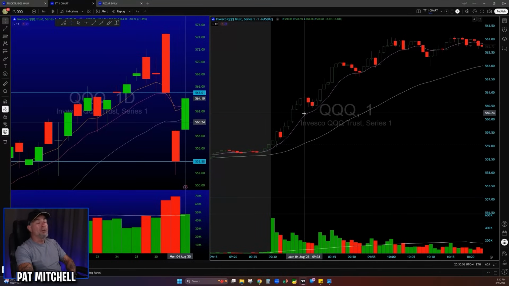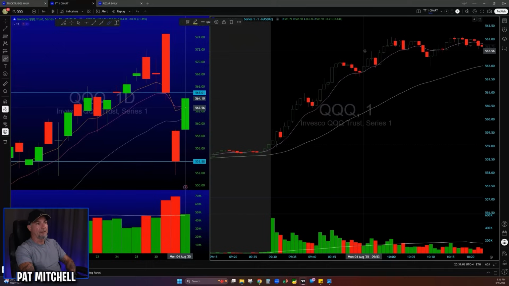So what you're not going to be able to see on this, because again, it was a moving average trade. It was from the 9 down into the 5 EMA. That is the 9 EMA. So that first level I just drew, that's the 9 EMA. Right here is the 5 EMA.